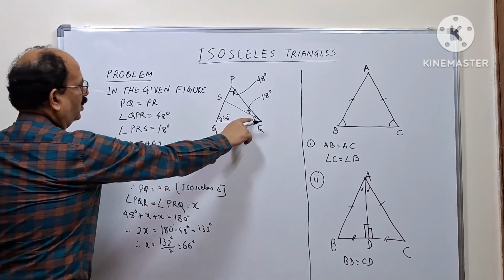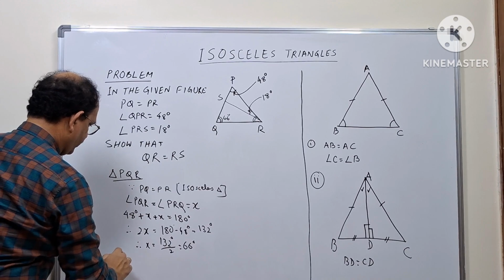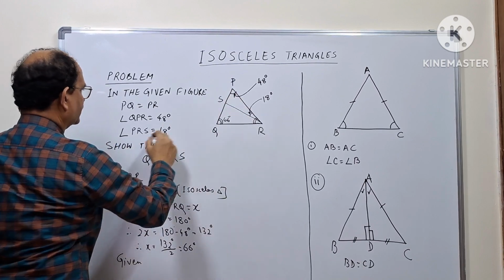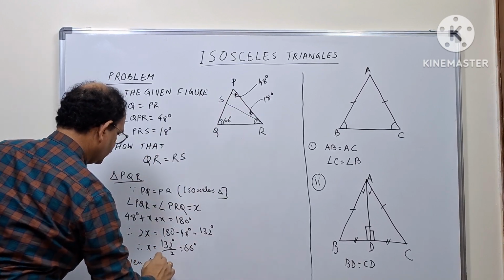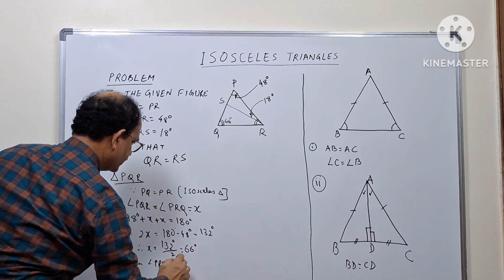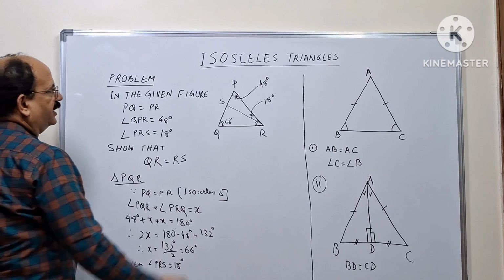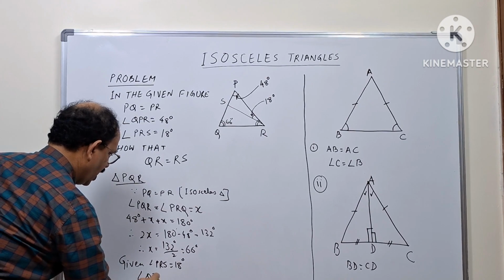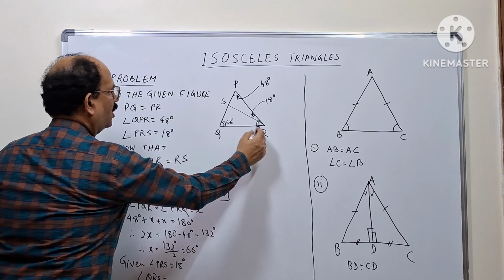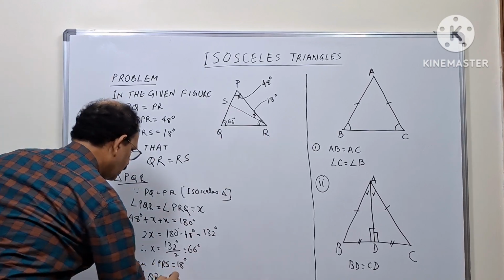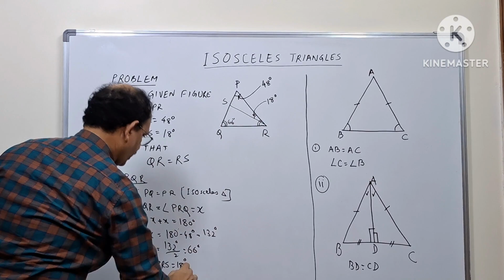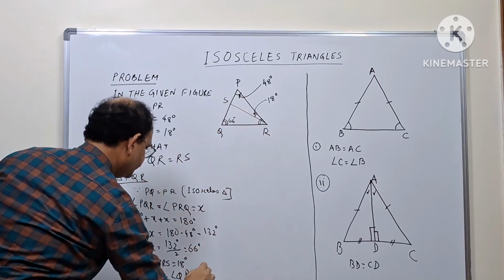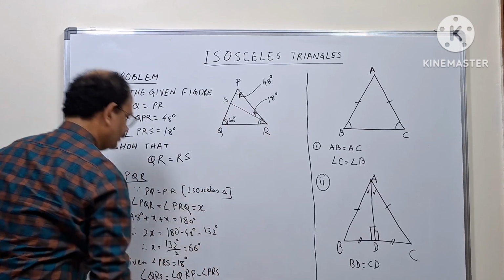Now, we know that it's given that this angle PRS is 18 degrees. Then can we get angle QRS? QRS will be equal to angle QRP minus angle PRS, right?